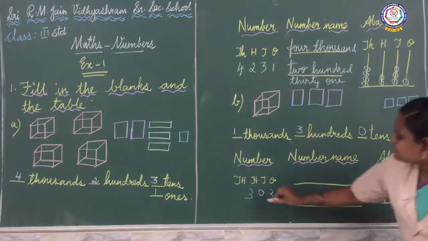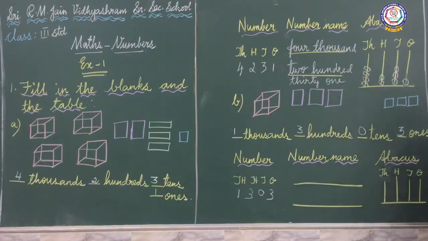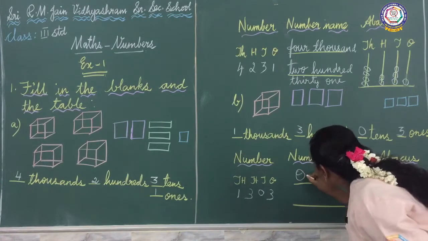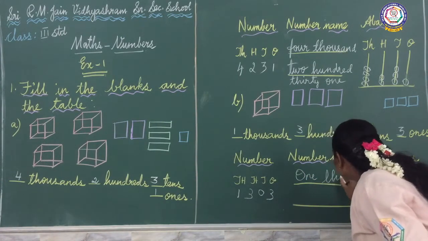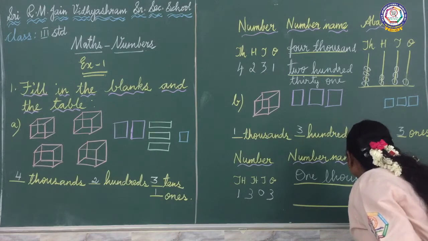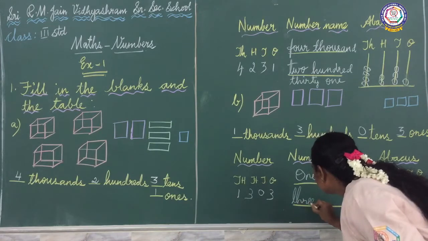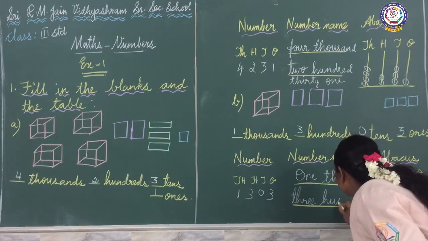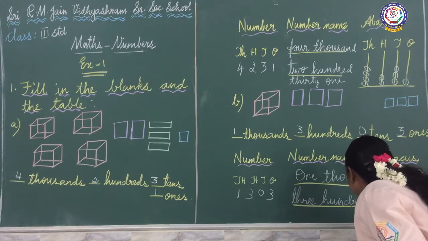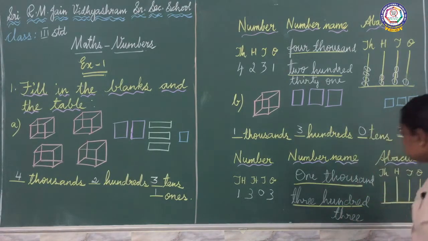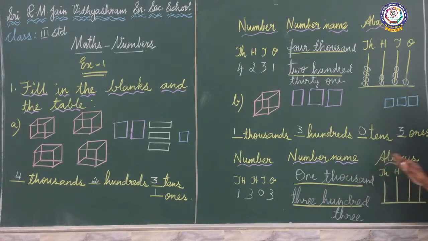Next thousands place 1. 1303. So number name: 1000, 300 and 3. 1303.